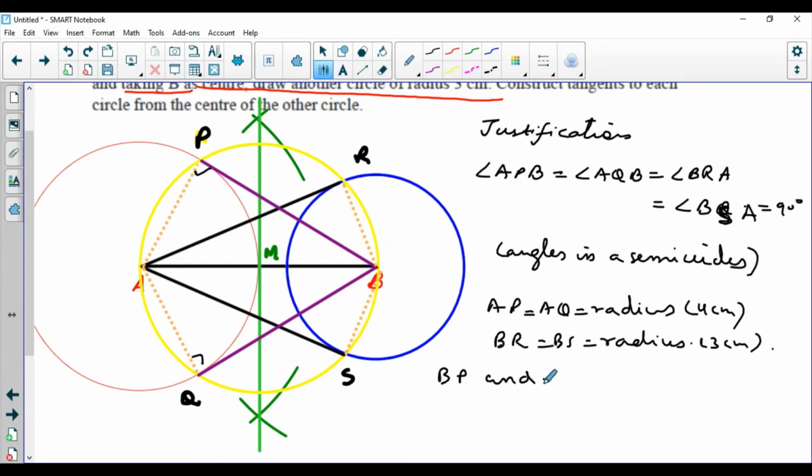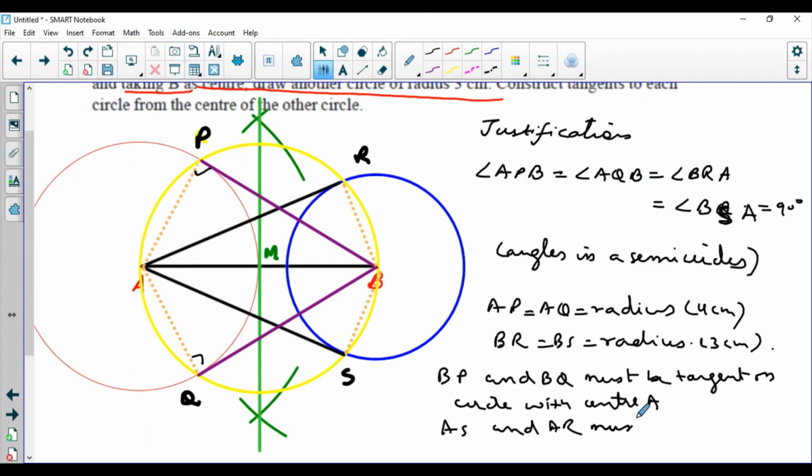So BP and BQ must be tangents on circle with center A. Okay, and AS and AR also should be tangent on this circle with center B. Okay, so these are the steps. Steps you can write accordingly on your own.